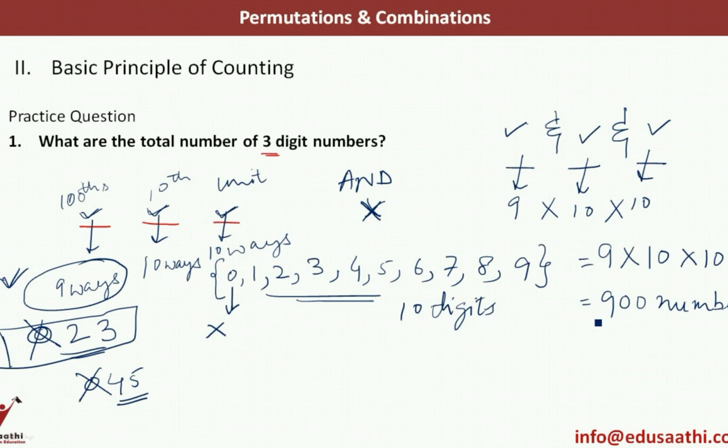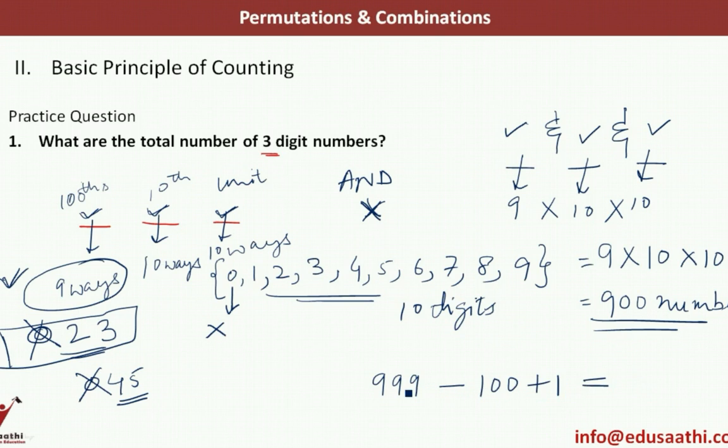I will have 900 numbers which are of 3 digits. Now all these numbers are covered in these 900 numbers. Any 3-digit number you can think of. Also, if you go by basic calculation we did in class 4 or 5, the highest 3-digit number is what? 999, and the smallest is what? 100, and we add 1 because both of them are inclusive.